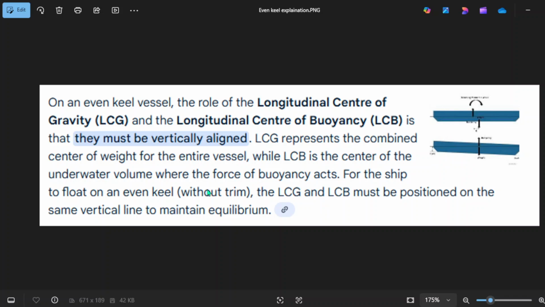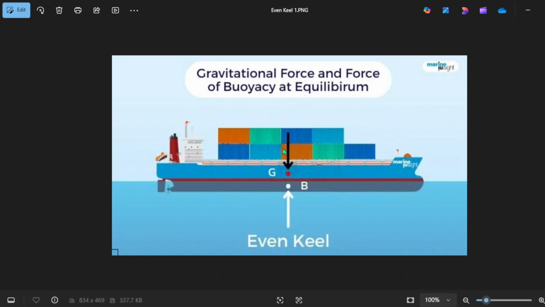For the ship to float on an even keel without trim, the LCG and the LCB must be positioned on the same vertical line to maintain equilibrium. The weight of the vessel pushes it down and the buoyancy of the water pushes it up, so they should be in a vertical line.